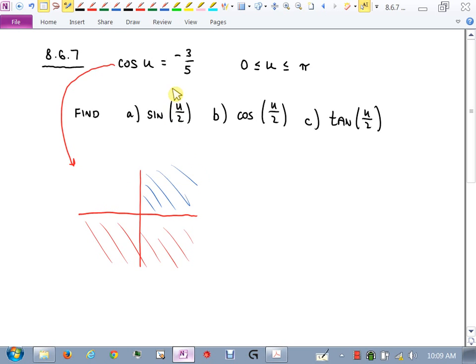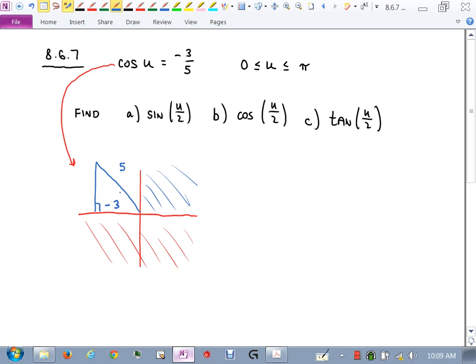And I can draw a triangle off of this, can't I? My reference triangle will look like this. I know that the hypotenuse is 5, and I know that the adjacent side is what? Negative 3, because I am in the second quadrant. My x-coordinate, which is my adjacent side, has to be negative.